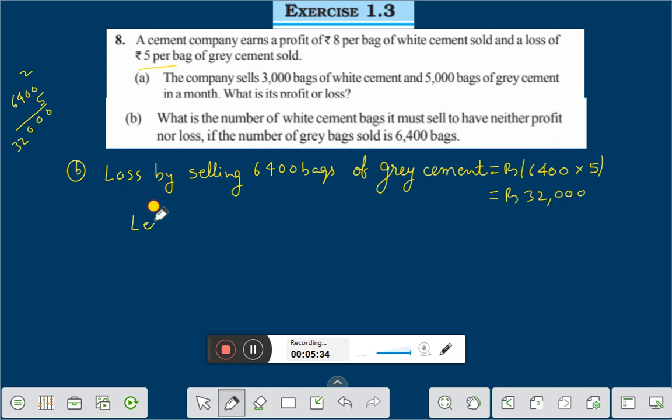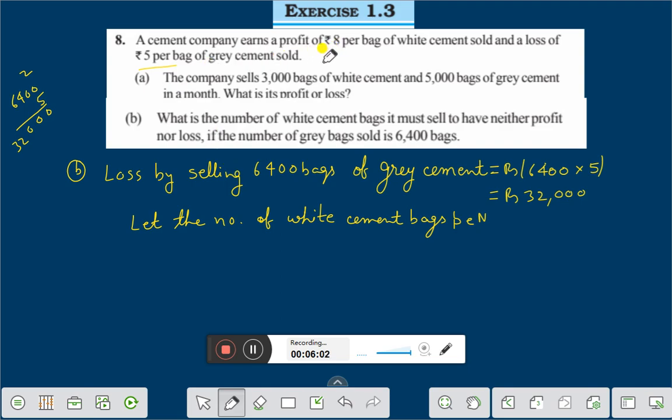Now let the number of white cement bags be capital N. Right?